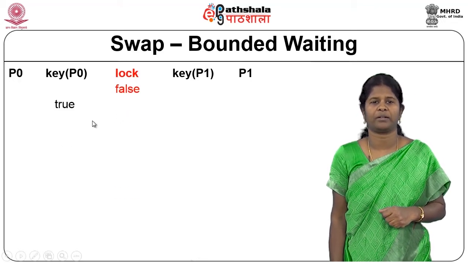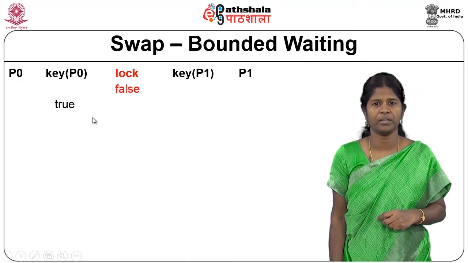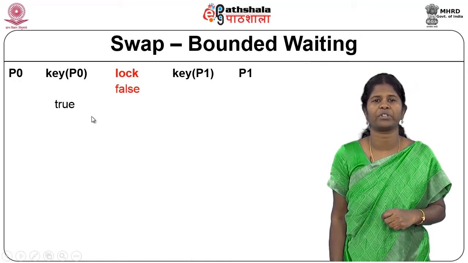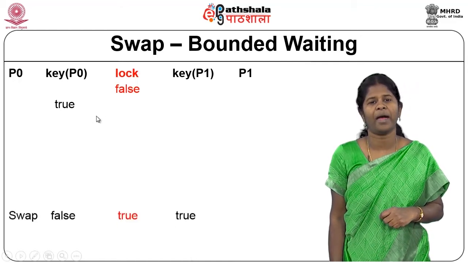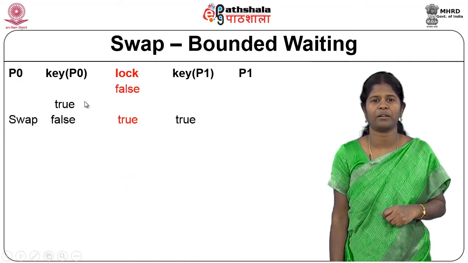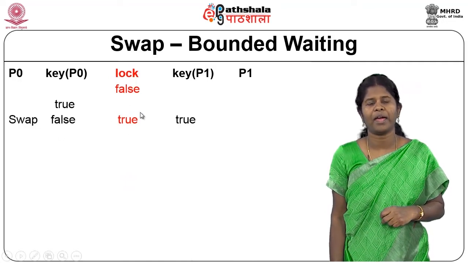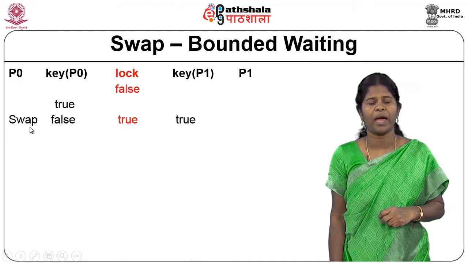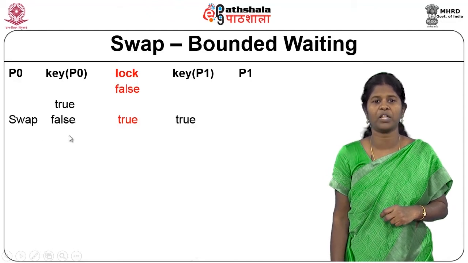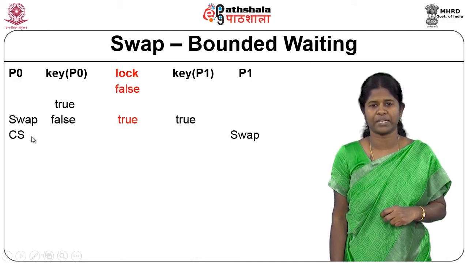Say P naught wants to enter the critical section, P naught changes the value of key to true, and then it swaps lock and key, and the value of key becomes false and the value of lock becomes true, and because the value of key becomes false, P naught can enter the critical section.